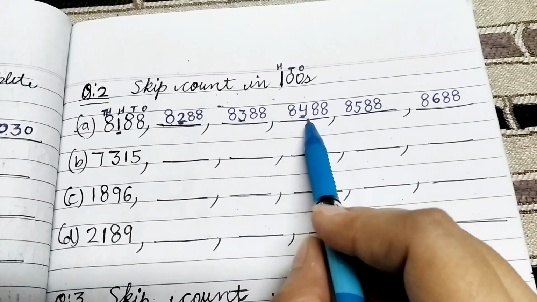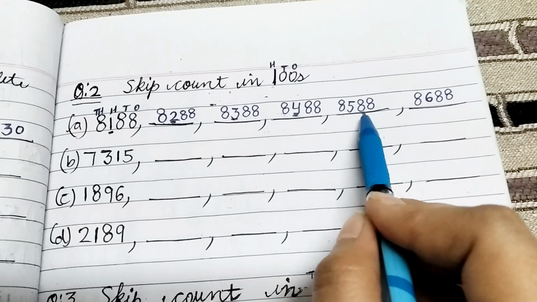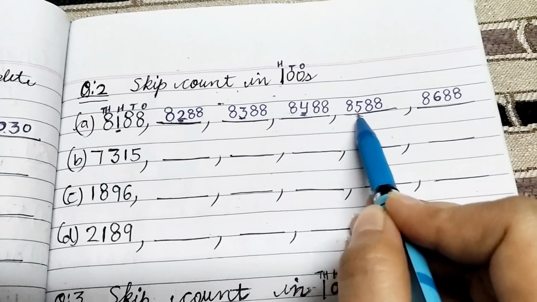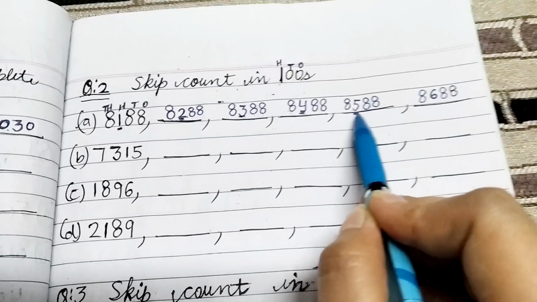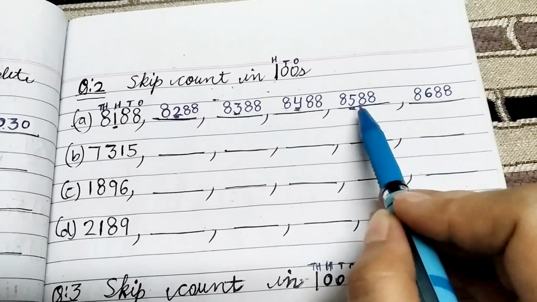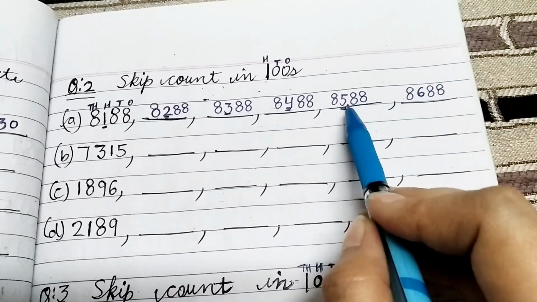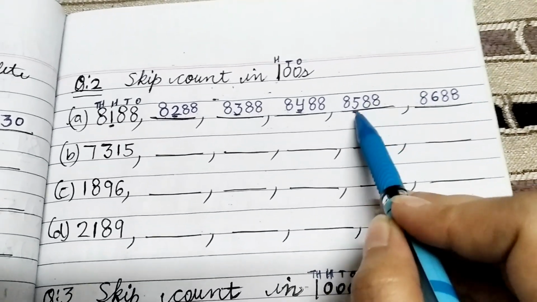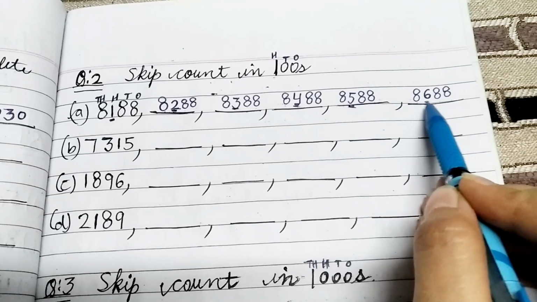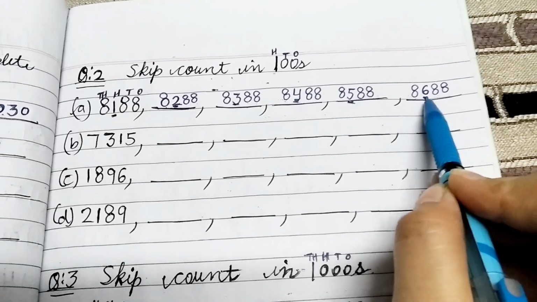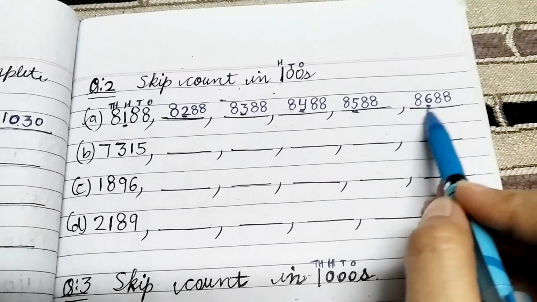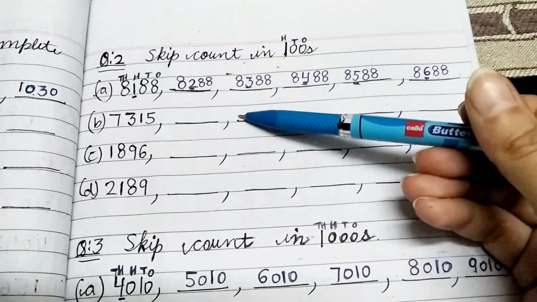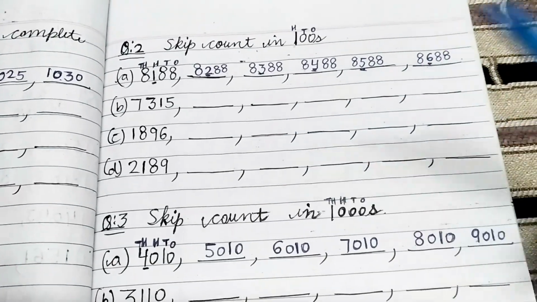Then after this number 8588, because this number I have increased by 1, so it has become 5. Again you will increase this hundreds place, so number becomes 8688. I have increased 5 by 1, so I have got 6 at hundreds place here. So 8688 is my answer. Understood? So you will try B, C and D parts on your own.